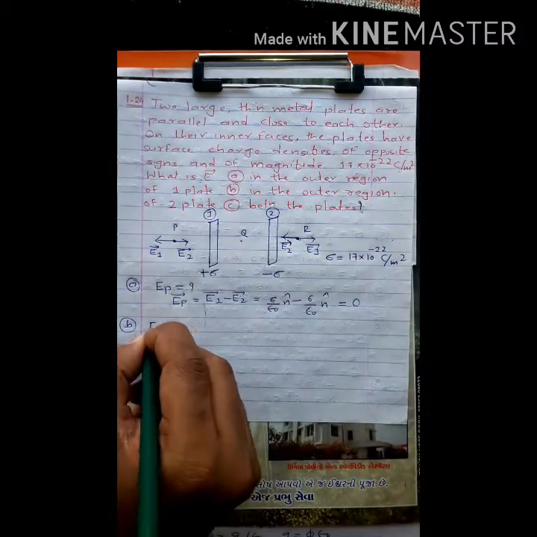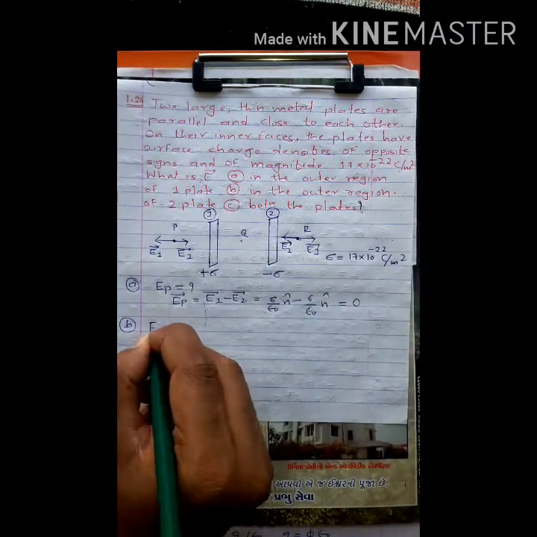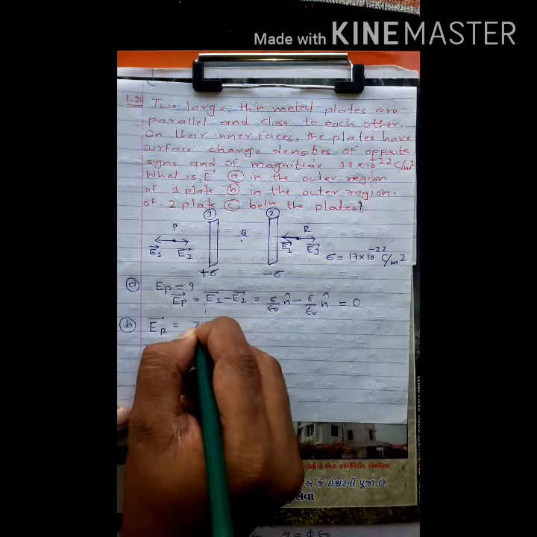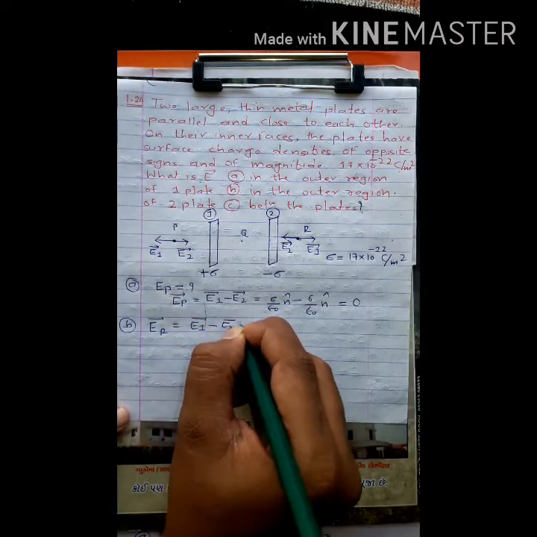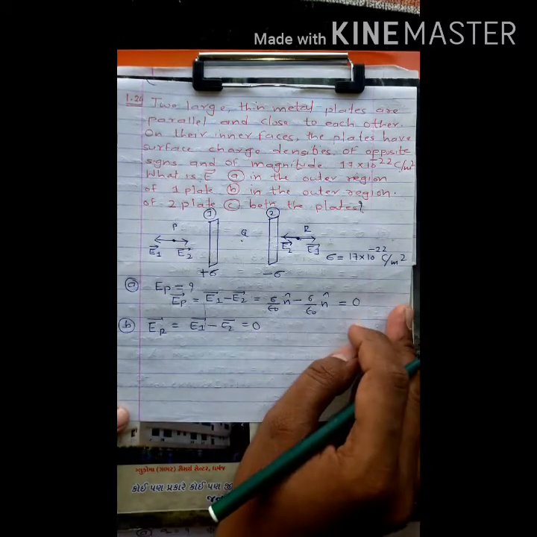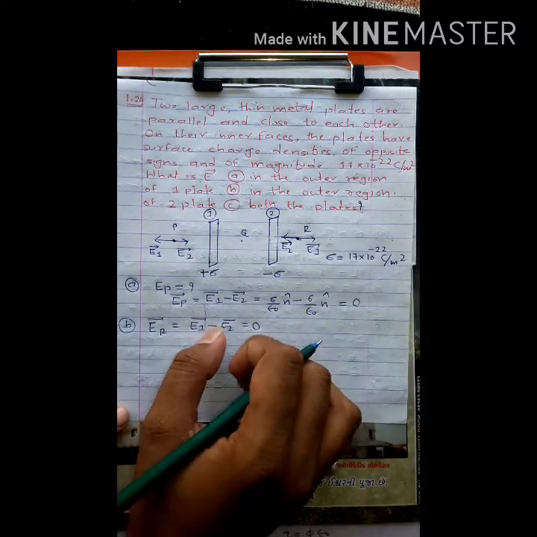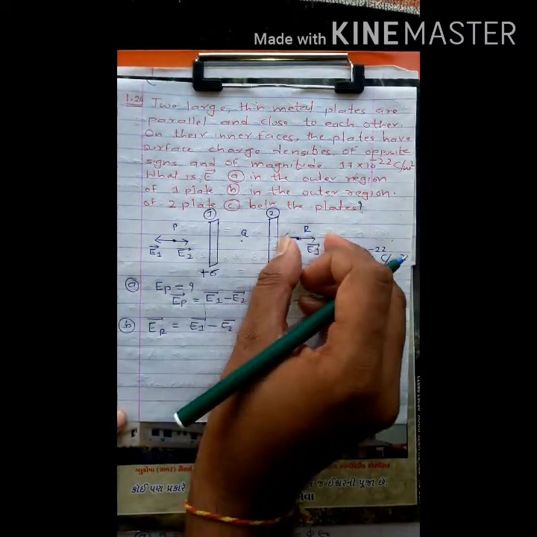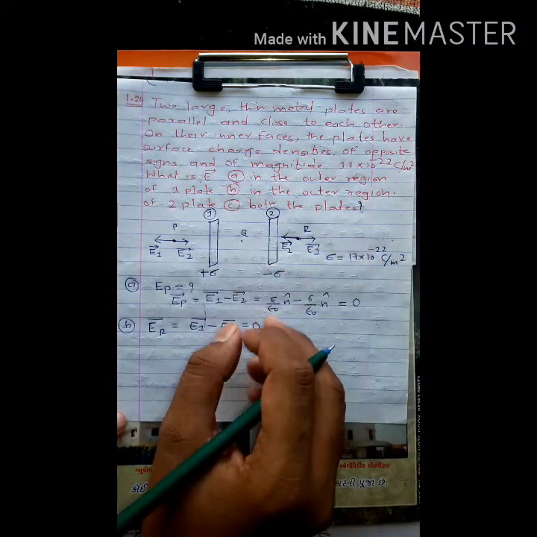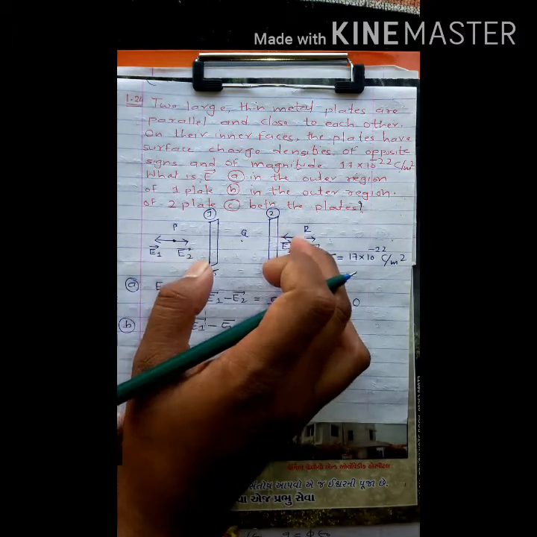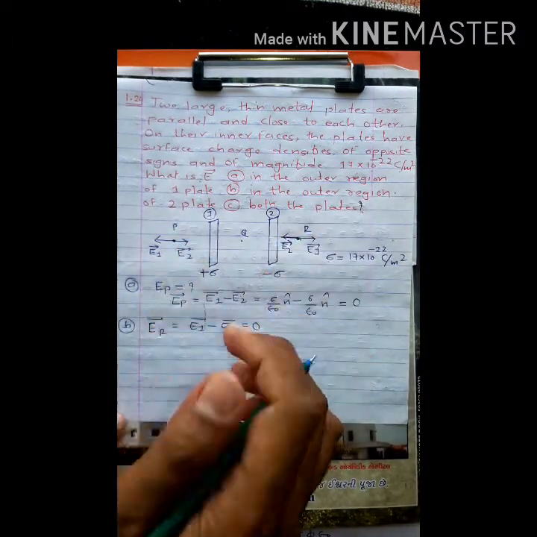So again, electric field at R point, vector ER, is equal to vector E1 minus vector E2, which is also equal to 0, because E1 and E2 both are equal in magnitude, opposite in direction. So again, electric field at the points P and R becomes 0.